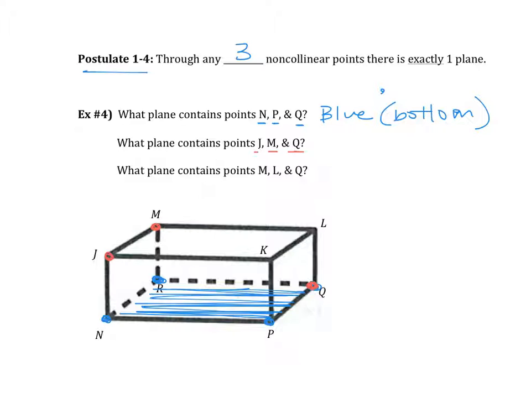P, right? Because these 2 would match up with these 2. So if we connect J to P, connect M to Q, and shade that in, it's like a ramp. That would be the plane that's in there.